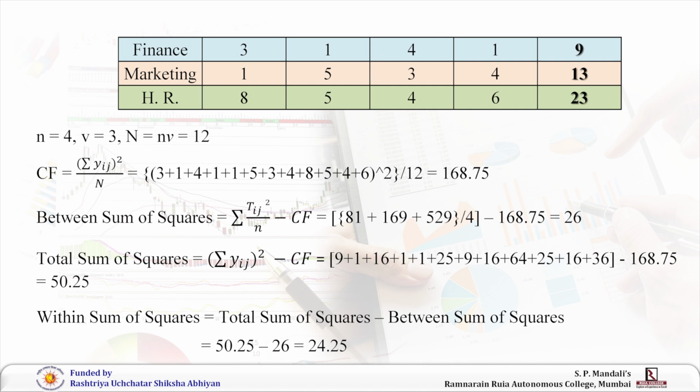The between sum of squares can be calculated as summation Tij square upon n minus the correction factor, that is 9 square 81 plus 13 square 169 plus 23 square 529 divided by 4 minus 168.75. Now, we divide by 4 because in order to obtain the totals 9, 13 and 23, we have summed up 4 observations each. Hence, the value of the between sum of squares turns out to be 26.